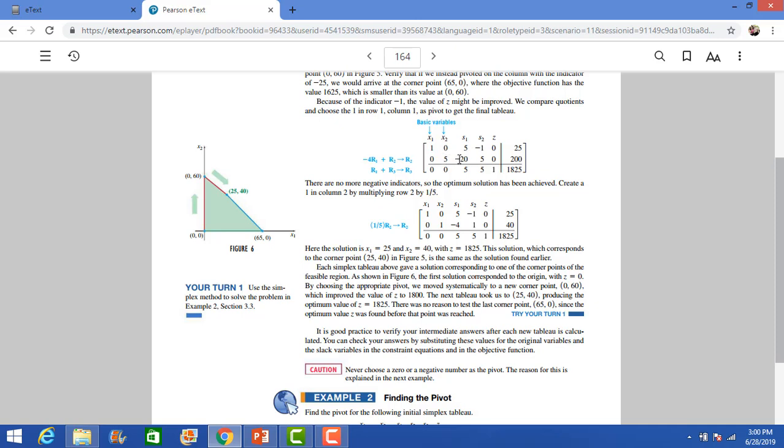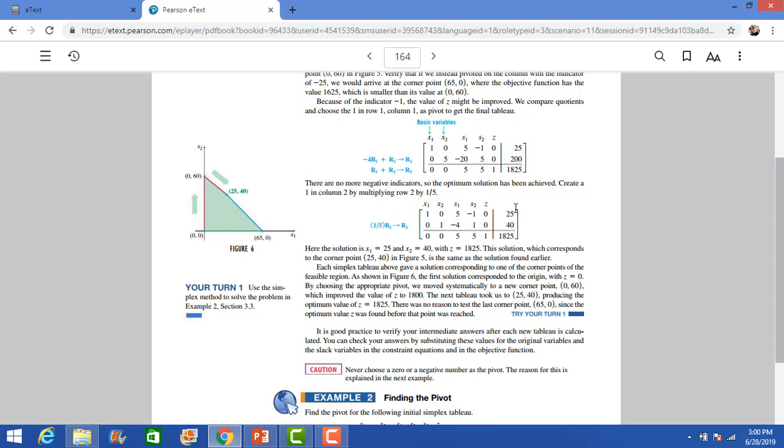So now divide this whole thing by 5, and what do we get? We get this matrix here. So we get this x1, x2. Notice now these are not basic. These are the basic variables right here. Notice these are not basic. These are 0, which is what we want, right? So now we make these into 1s.